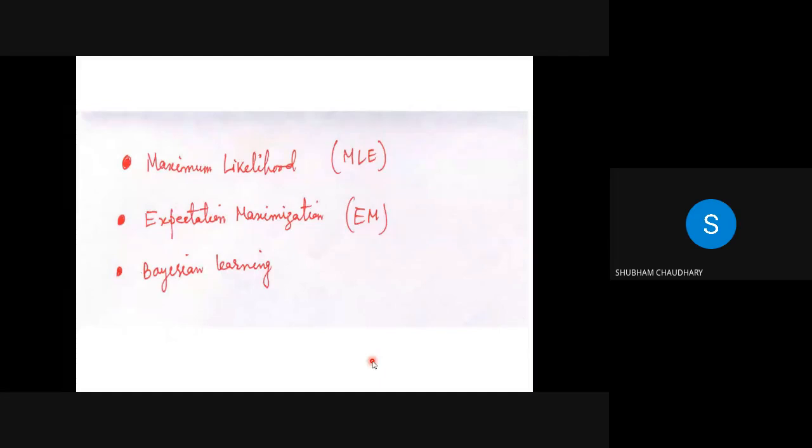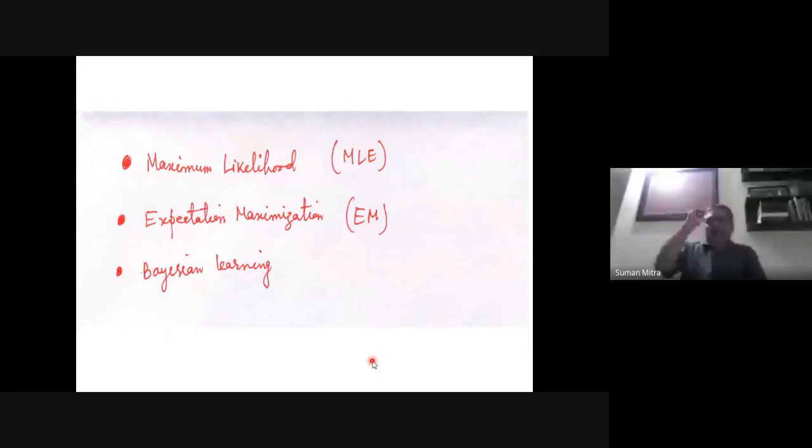Okay. Now, usually I try to give a notion of this estimation process. One very useful estimation process used by statisticians is called maximum likelihood estimation, known as MLE.